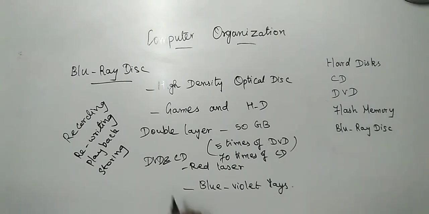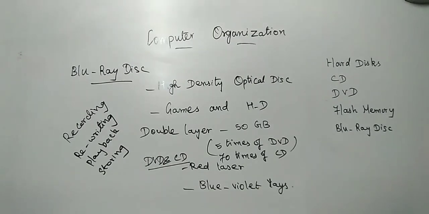So normally the DVD and CD will be using a red color laser. But in the case of Blu-ray disc, the rays will be blue-violet in color. So only this disc is called your Blu-ray disc. Why do you need this one?